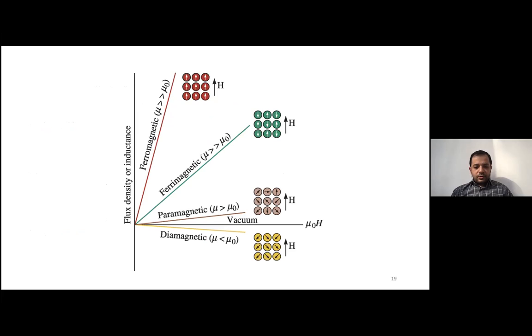So all the materials can basically be classified to look like this, as you can see in this image. And there's a constant called mu naught, which is basically a relative permeability. And when you have a ferromagnetic material with a permeability way higher than the permeability of vacuum, then you have a ferromagnetic material, and then paramagnetics and diamagnetics and so on.